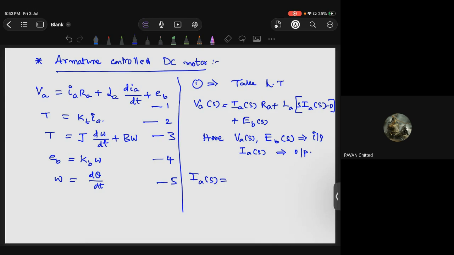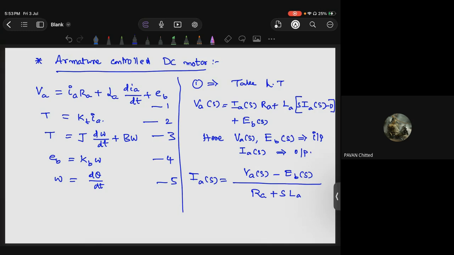So IA of S equals VA of S minus EB of S, divided by RA plus S LA, taking RA and S common. I hope this is correct.